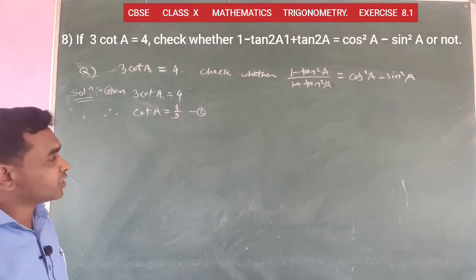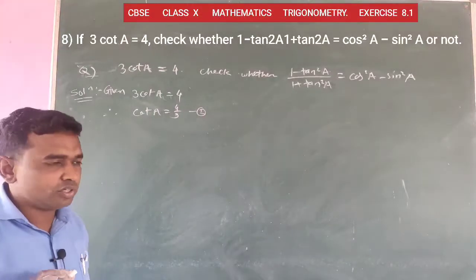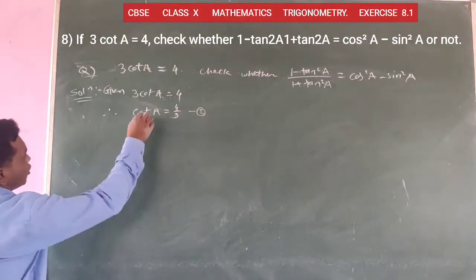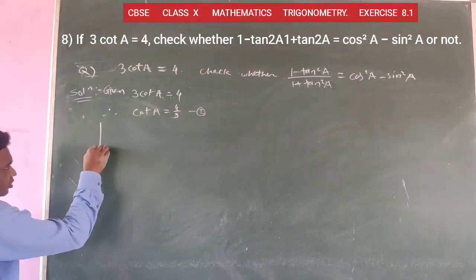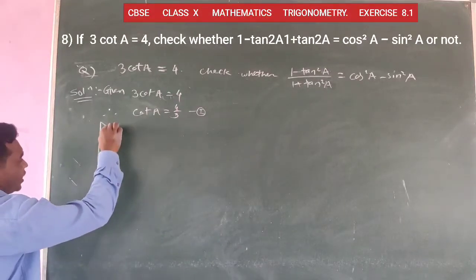So we have to prove that 1 minus tan square A upon 1 plus tan square A, and this exercise depends on the trigonometric ratios. So for this purpose we just draw a right angle triangle.